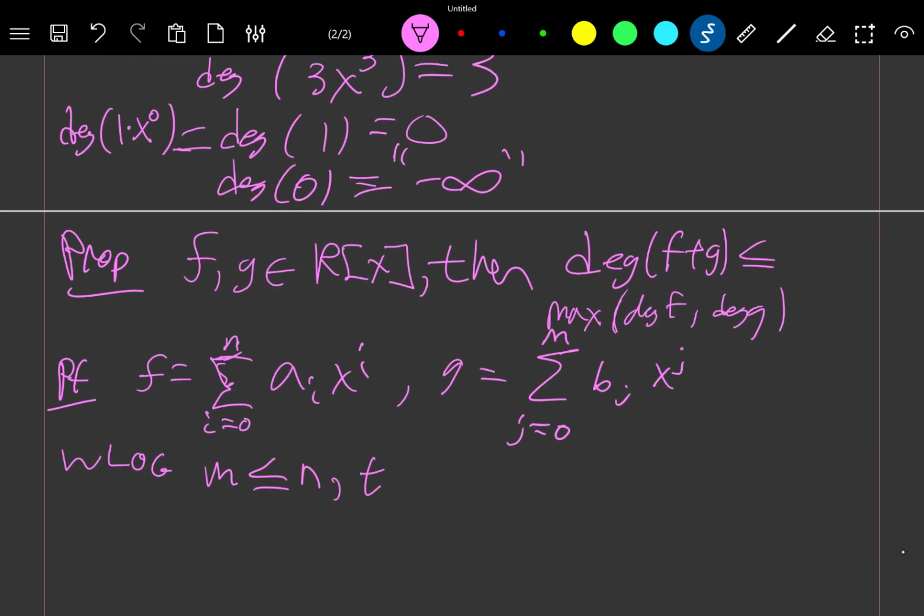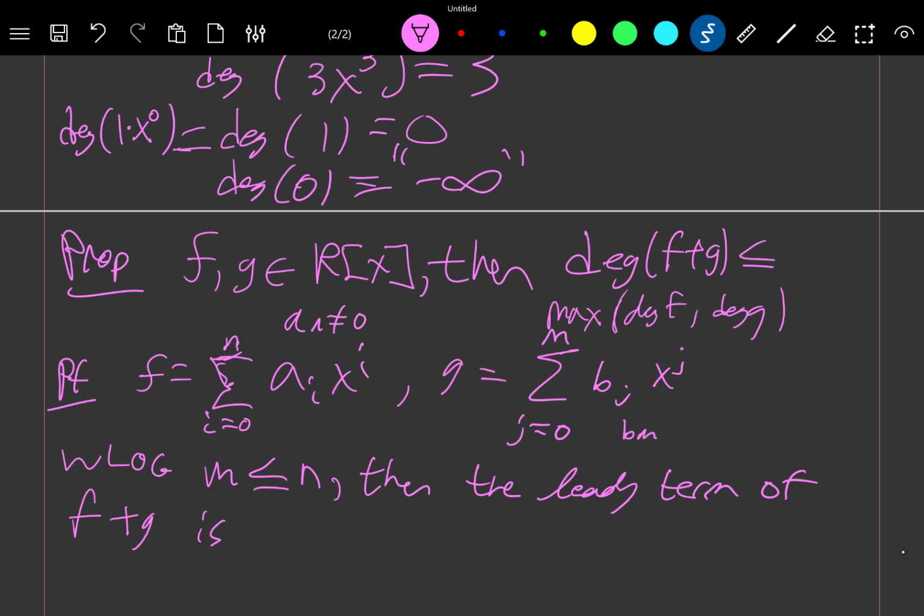Then the leading term of f plus g is, and here I'm thinking a_n is not 0, and here b_m is not 0. So f has degree n, g has degree m.